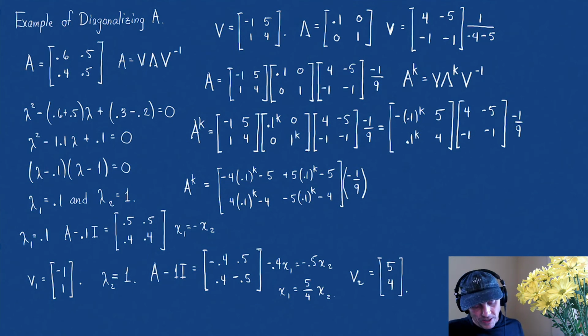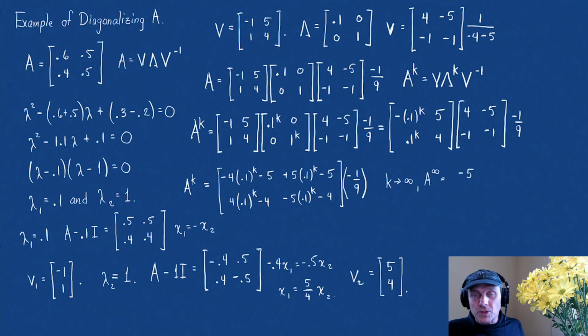So let's find out what happens as k goes to something large like infinity. Then, well, let's see, A to the infinity would equal, well, 0.1, so let's look at each entry. 0.1 to the infinity is 0, so my first entry is just minus 5.